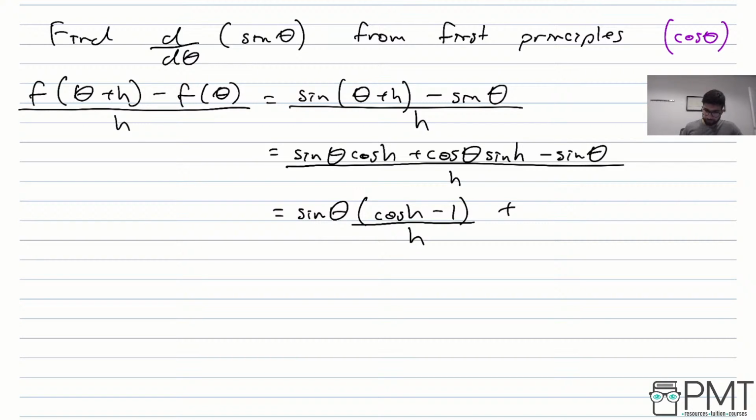Then we have got cos theta sine h over h.